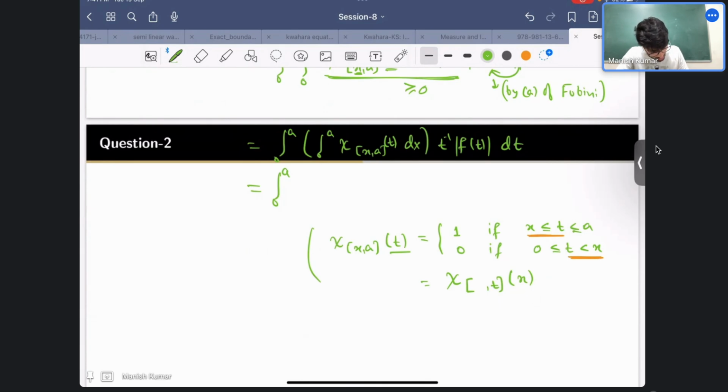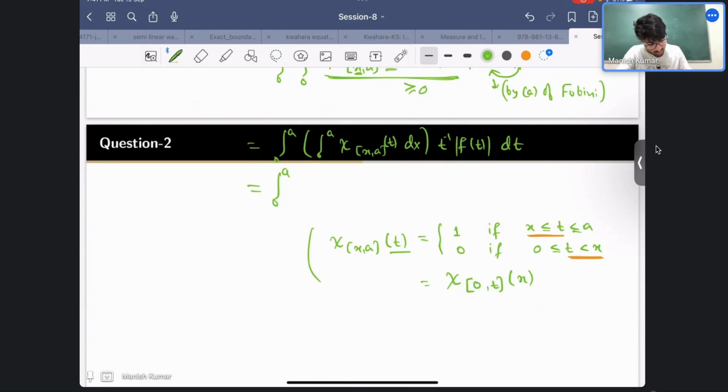If x is greater than, what should be there? Just a second. Yeah, okay, so you put 0 here.